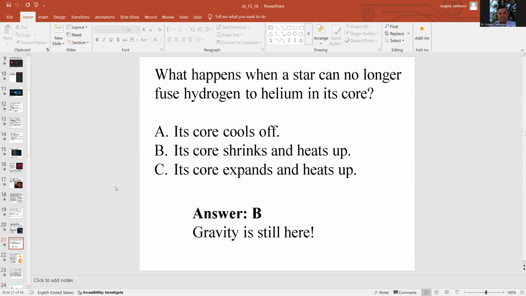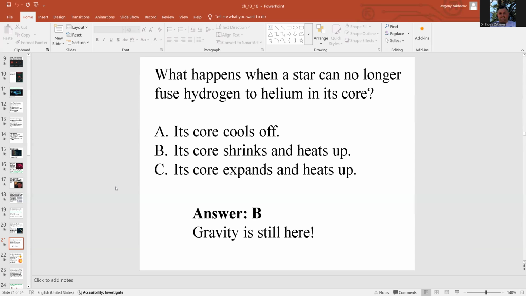So if a star can no longer fuse hydrogen to helium, well, you run out of hydrogen, so it's all helium. There's no opposition to gravity anymore. Gravity says thank you very much and compresses the core even further. And compression means conversion of gravitational potential energy into heat, and that heats up the core all the way to 100 million degrees.